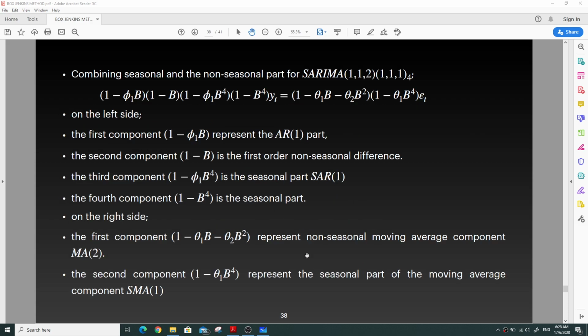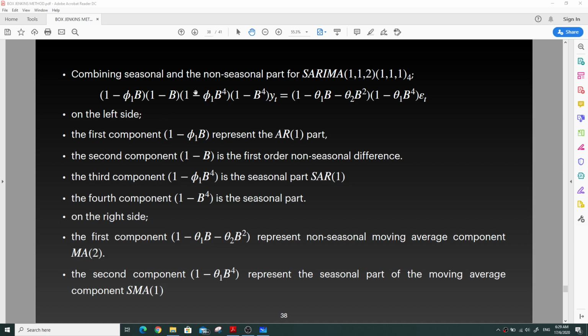At the end, when you combine the seasonal and the non-seasonal parts of SARIMA, the last equation will represent the seasonal ARIMA (1,1,2)(1,1,1).